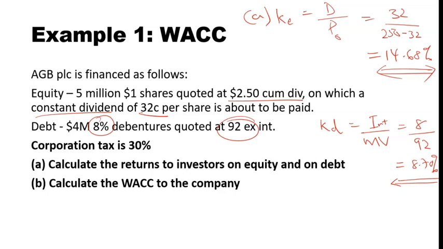Now let's move on to part B, where we are required to calculate the WACC. In this case we are looking at the cost of capital in the hands of the company, the borrower. So we need to adjust the cost of debt with the tax rate wherever possible.